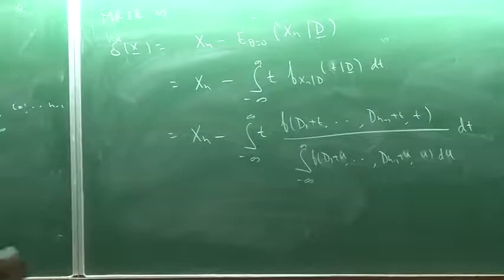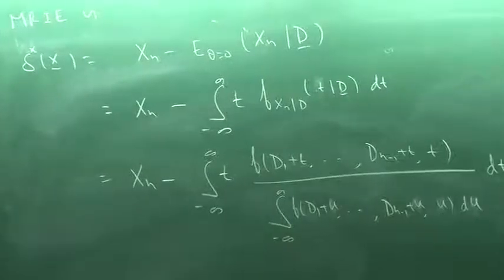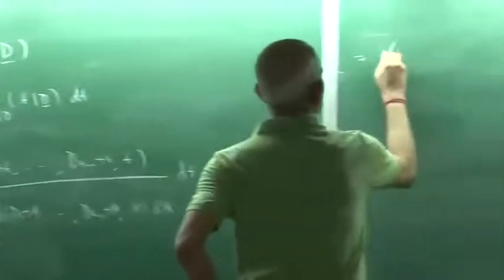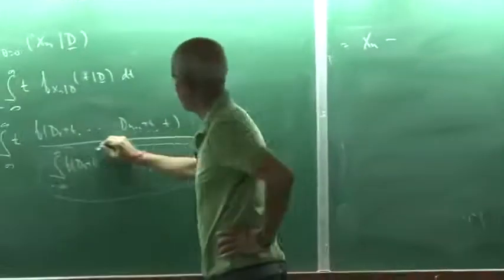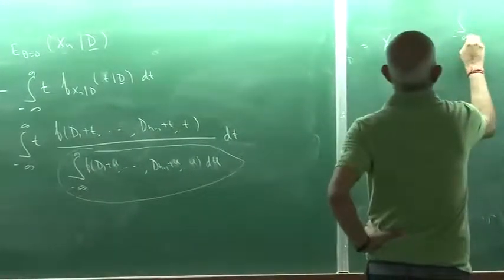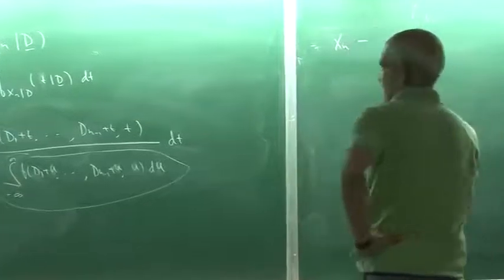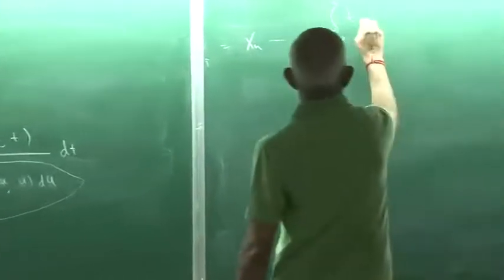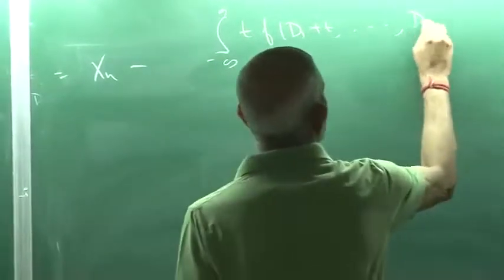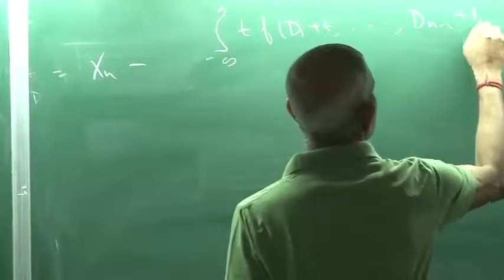Now with this, I can write this as xn minus, there is no t over here, so this is a constant, so this goes 1 upon that, which is equivalent to saying that this is the same as minus infinity to infinity t times f of d1 plus t, dn minus 1 plus t, t.